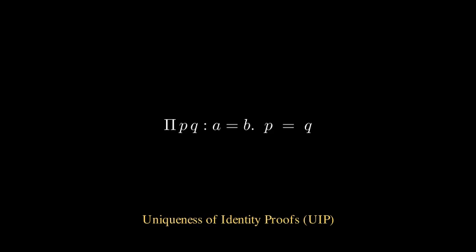This principle has a name: uniqueness of identity proofs, UIP. In Lean, with equality in Prop and proof irrelevance built in, UIP is wired into the foundation. In Rocq, UIP is not part of the core theory. It is optional, added as needed.